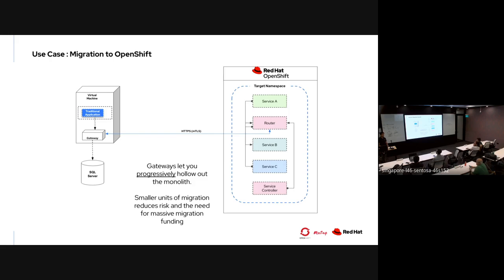Yes. Skupper supports the TCP protocol. A database, usually you connect using JDBC or any database connection, is usually TCP based. So Skupper is able to handle TCP connections as well.